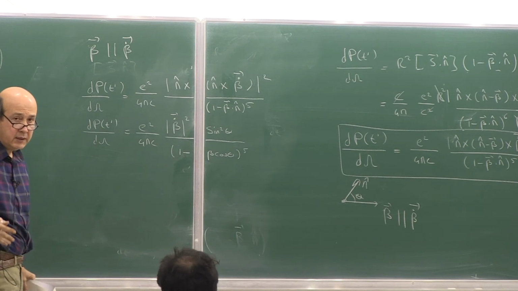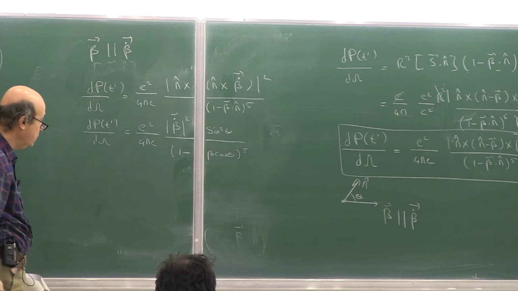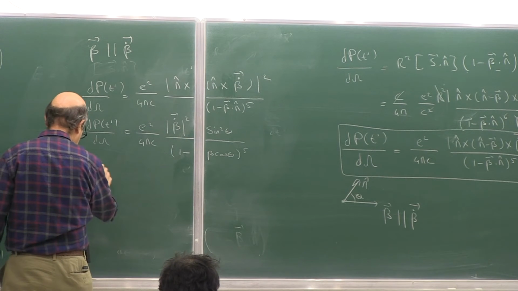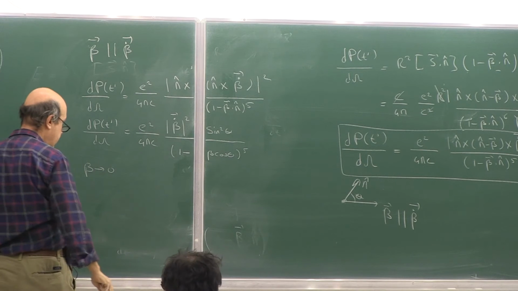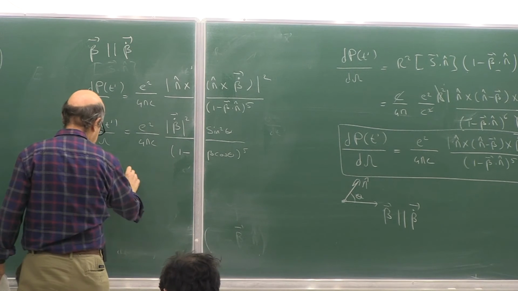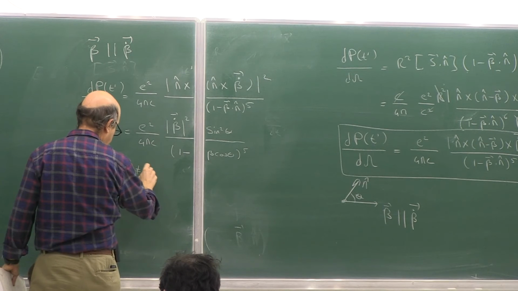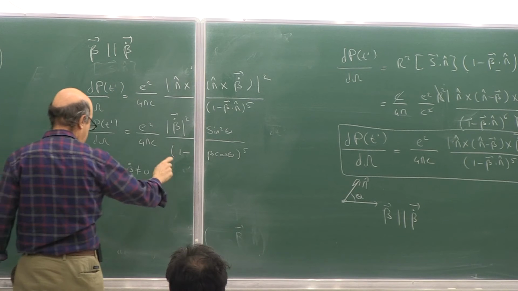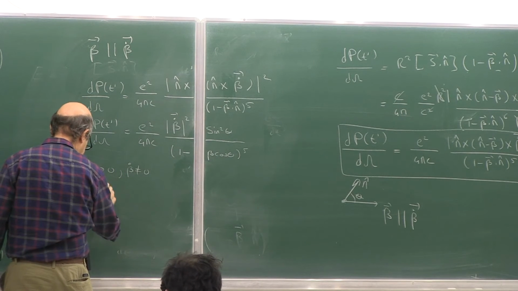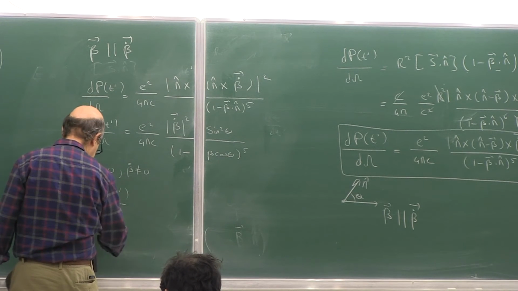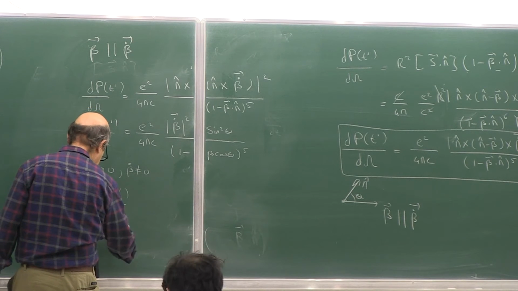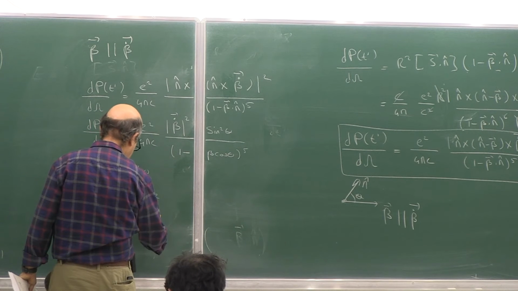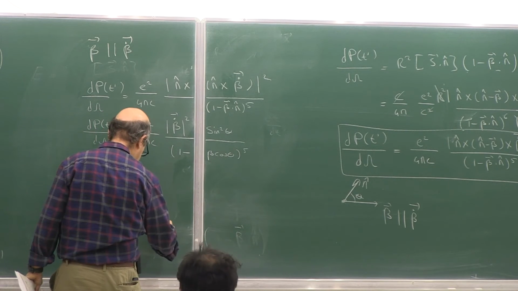And one thing we can do at this point is look at what is going on at low speeds. When beta goes to 0, in the non-relativistic case, and beta dot of course is not 0, this term will drop to 0, and you will obtain the radiation pattern in the non-relativistic case: e squared over 4 pi c.